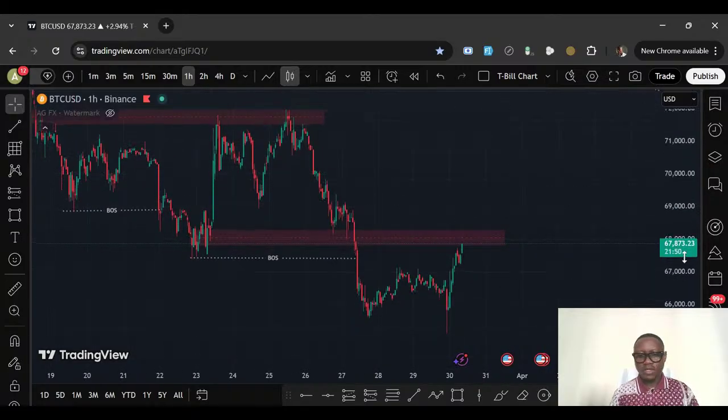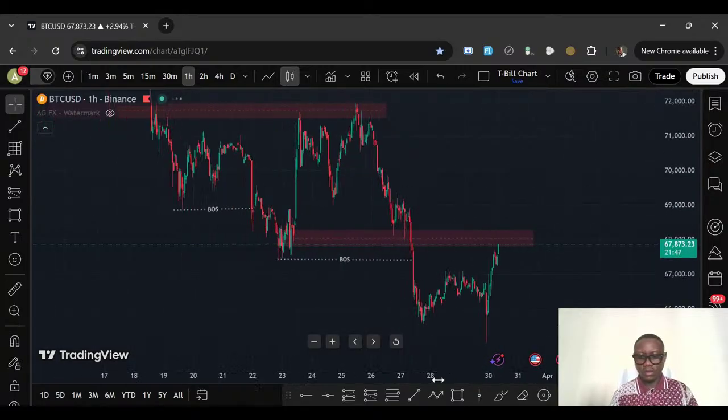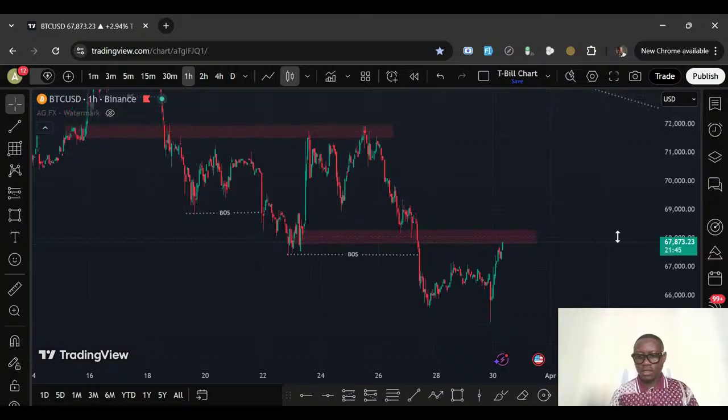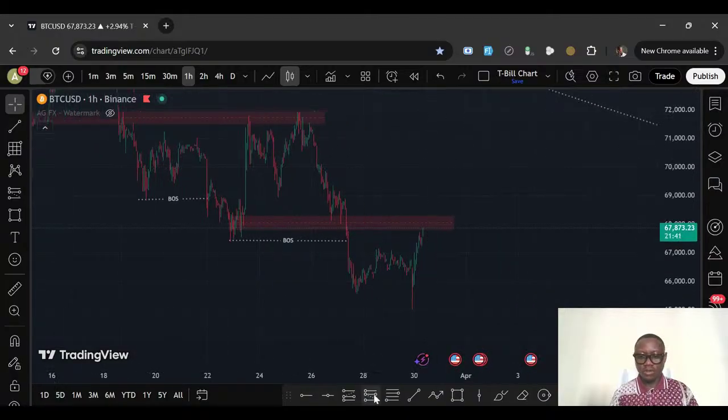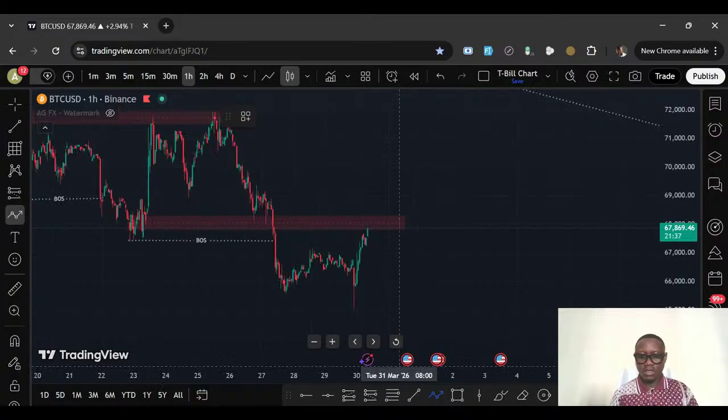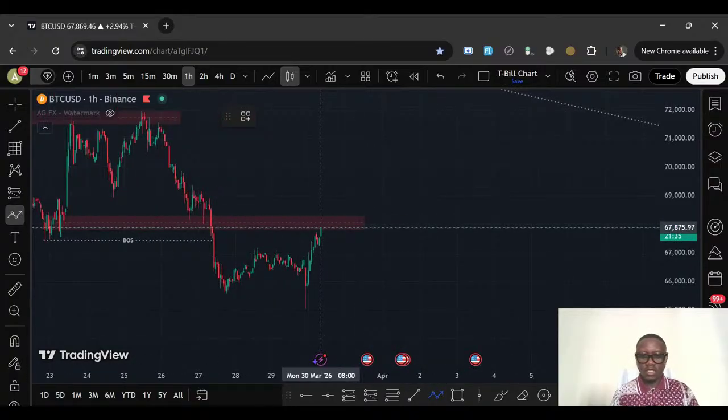So for me, we are not going to take this trade just yet until price gives us this pattern. This is what I'm anticipating at this zone. I would expect price to do this.